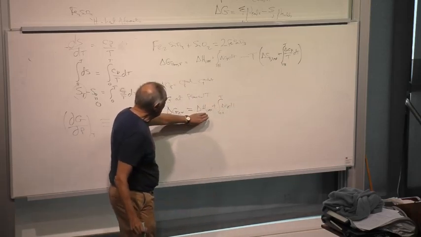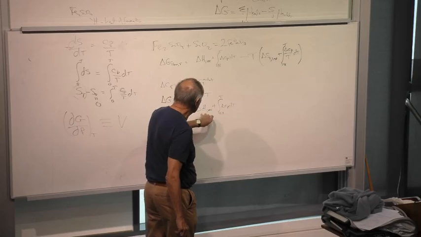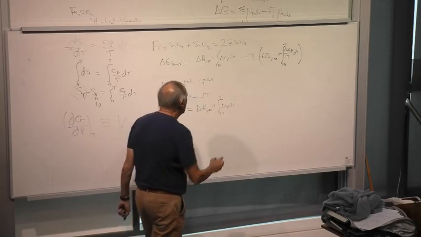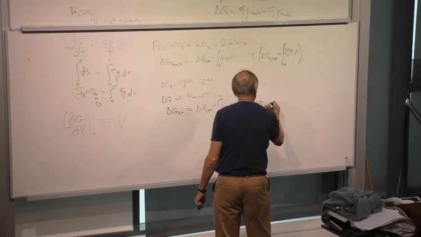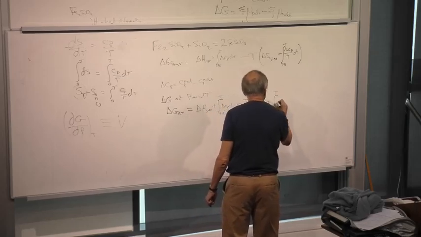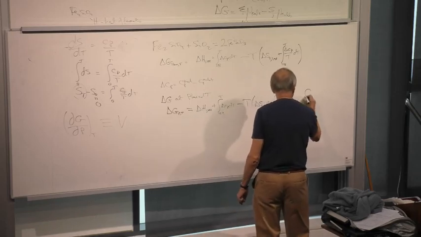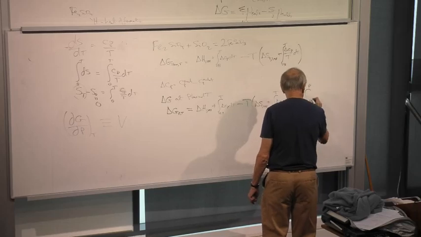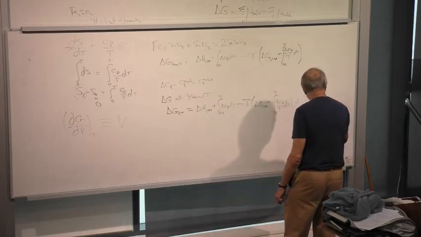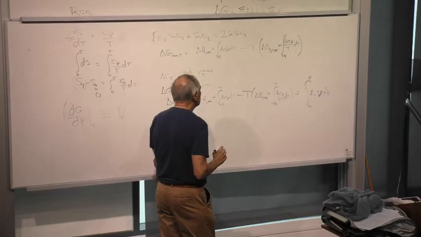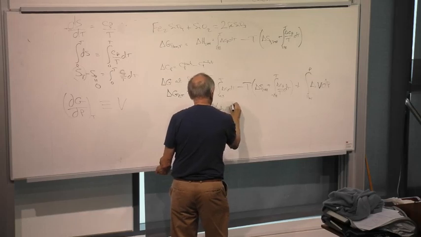That takes our enthalpy change up to temperature T, minus T delta S at 1 and 298, plus the integral from 298 to T of delta Cp over T dT, plus the integral from 1 bar to P of delta V dP, where in exactly the same way as before, delta V is the volumes of the products minus the volumes of the reactants.